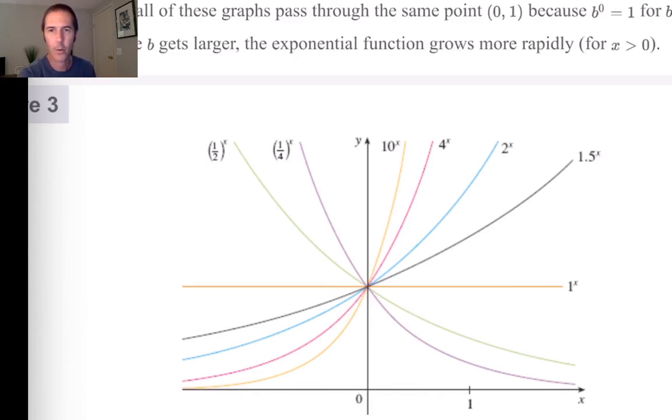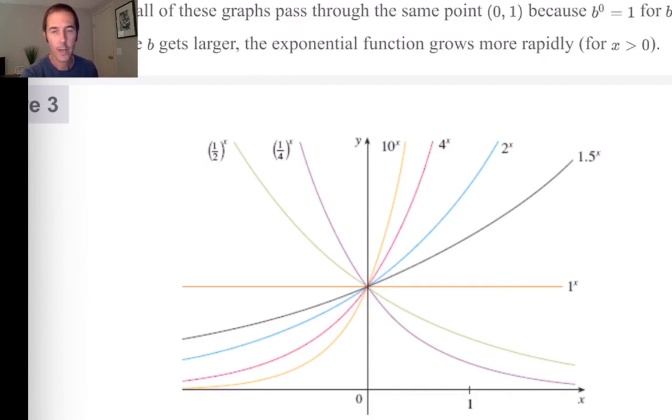We've got a half and a quarter, a base of 10, 4, 2, 1.5. All of these graphs are staying above the x-axis. Whether they're rising to the left or rising to the right, they all seem to have a horizontal asymptote that is the x-axis.